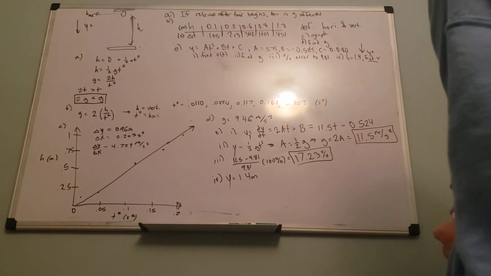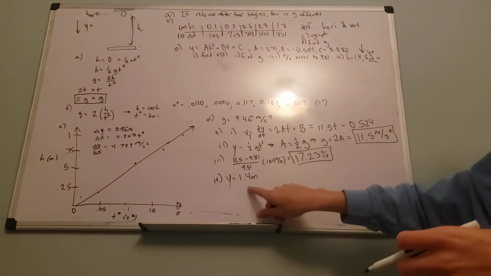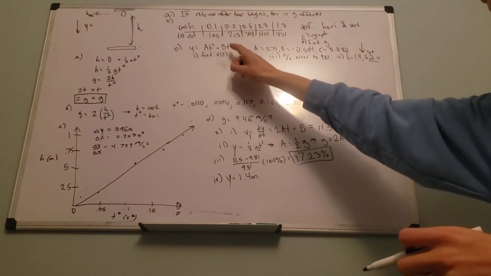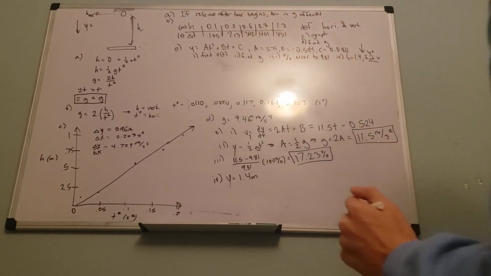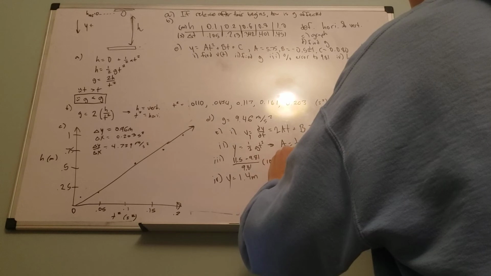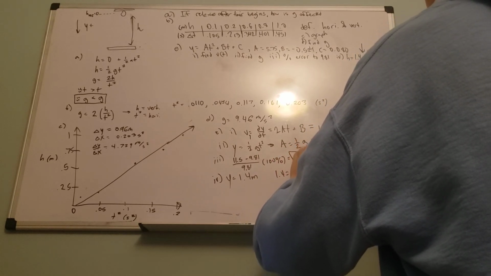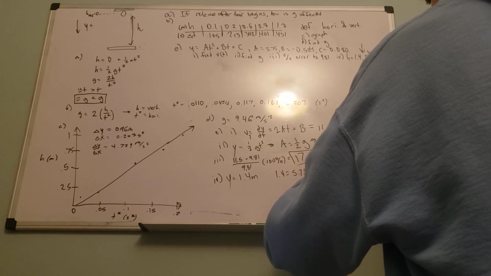So what I'm going to do here is take this direct equation, plug in 1.4 meters, and see if we can find time, and then use that time to find the velocity. So 1.4 equals 5.75 t squared minus 0.524 t.